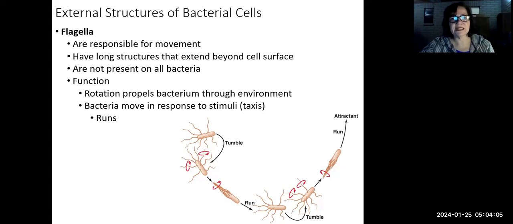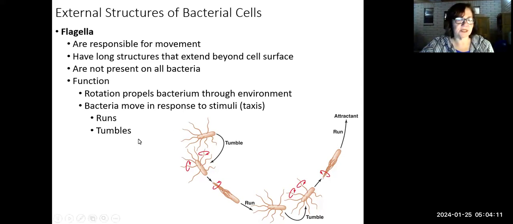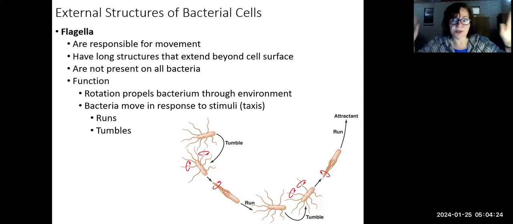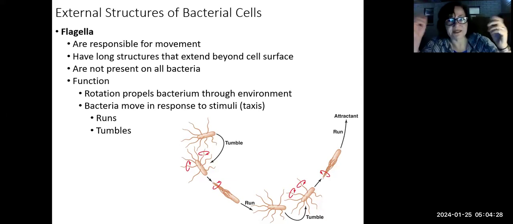It's not perfect. Our textbook goes into some detail about runs and tumbles. I'm not going to go into all of that. Just one of the points that I want to make here is the bacteria can kind of tumble around and then sense what molecules are nearby, and it can detect, am I moving in the direction of food or not?